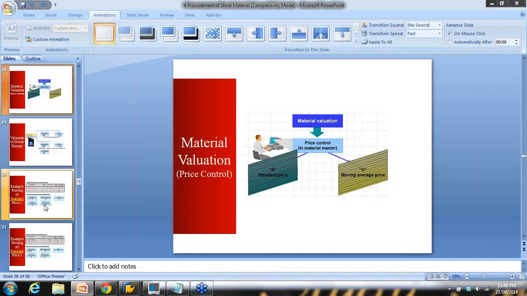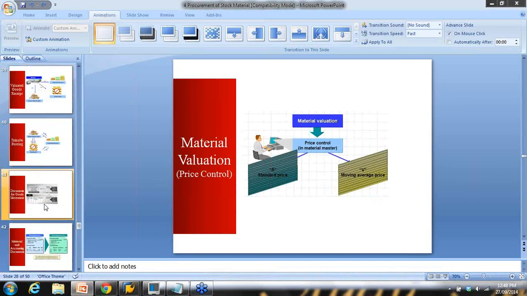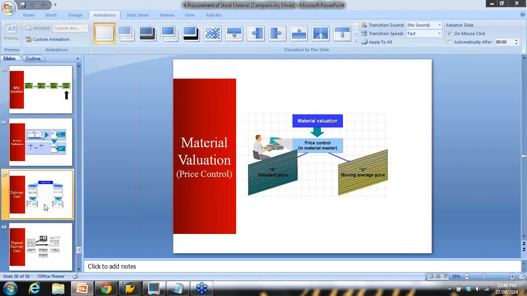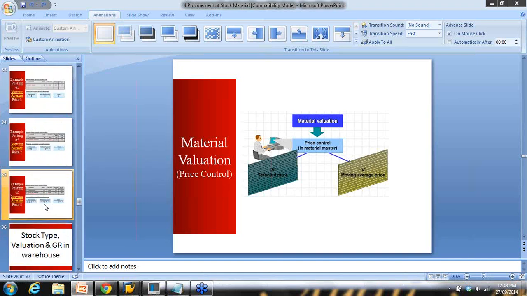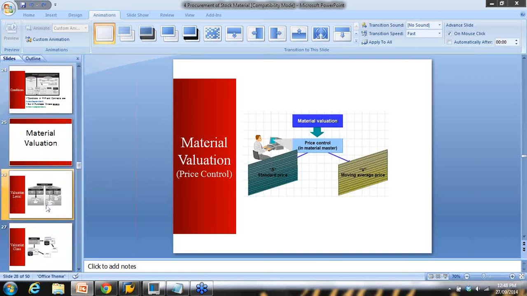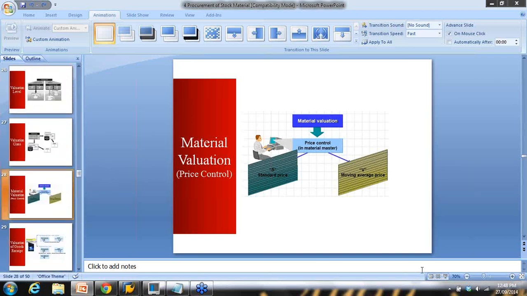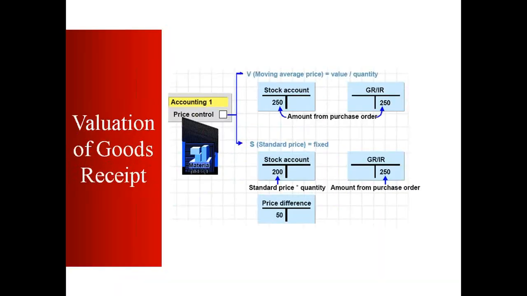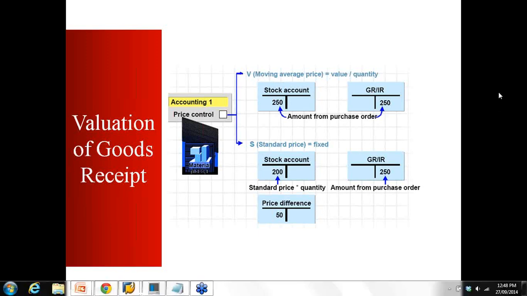Now we'll see some examples. Here you can see the same thing again. Price control can be, as I said before, either V, moving average price, or S, standard price.